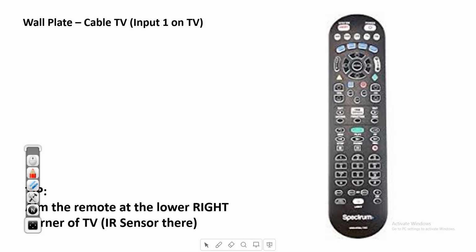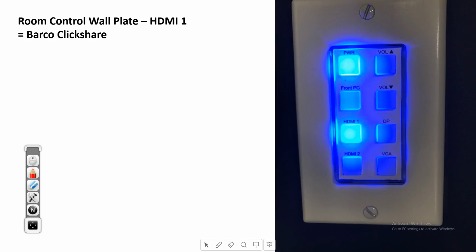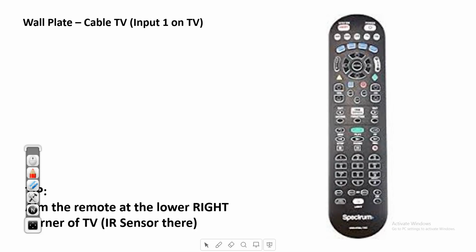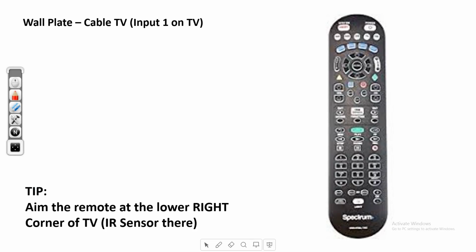So while we're not going to go through the entire remote control lineup for Spectrum, I did want to let you know that the remote control for this particular application is not built into the wall panel because of all the different functionality that you might have to use.